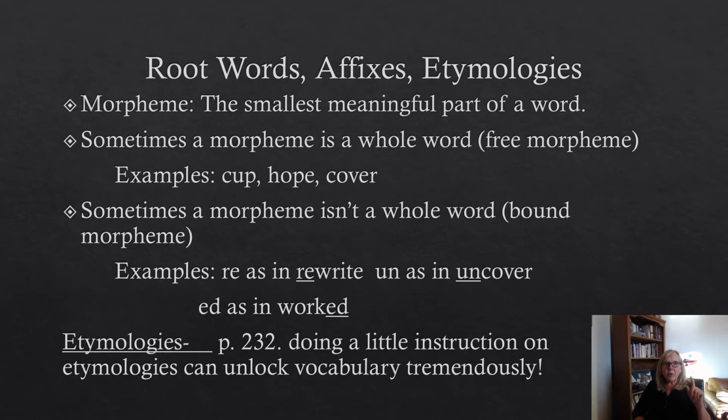As for example, re is a morpheme, but it can't work on its own. But if you put it in front of write, rewrite, we know that changes the meaning. If we have un, that doesn't necessarily mean anything, but if we put it in front of cover, we have uncover, and that changes the meaning, and so forth.